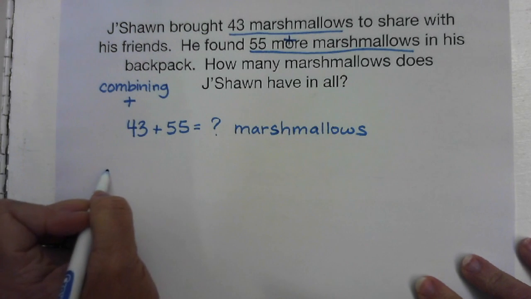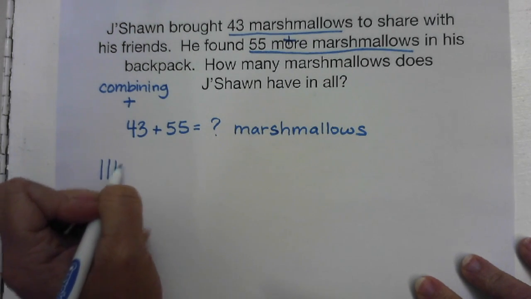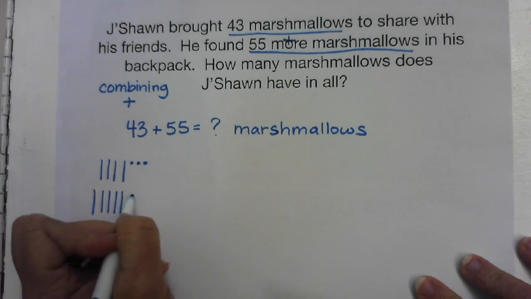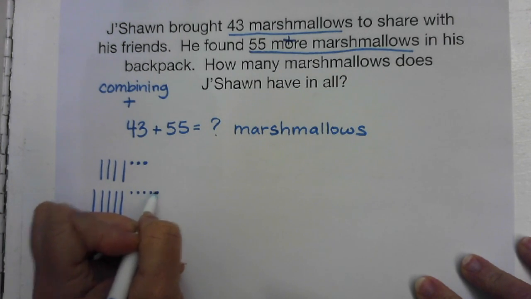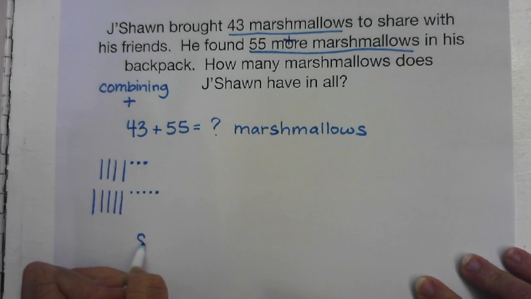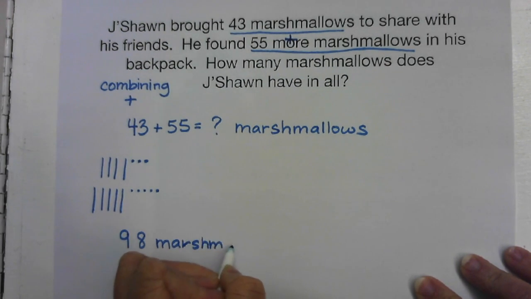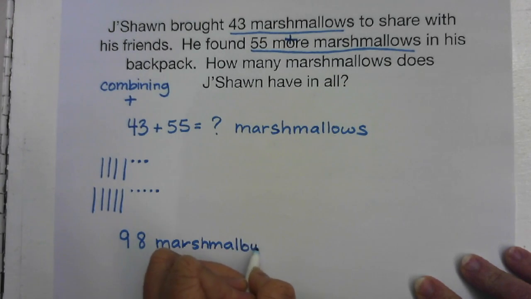So 43 plus 55: 4 tens, 3 ones, 5 tens, 5 ones. I've got 8 ones and I have 9 in the tens place. 98 marshmallows. I'll try the other strategy in addition just to double check.